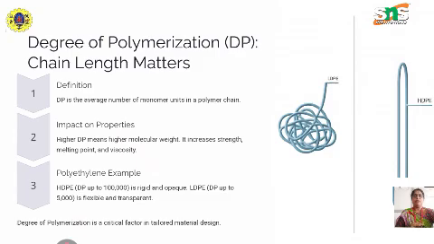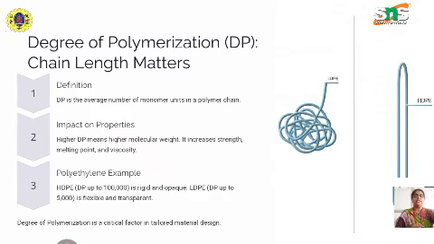For example, polyethylene. Polyethylene is broadly classified into high density polyethylene and low density polyethylene. In high density polyethylene, the degree of polymerization is up to 100,000, which is rigid and opaque. When it is low density polyethylene, it's up to 5,000 and it's flexible and transparent.